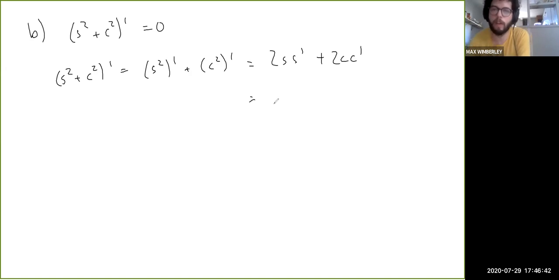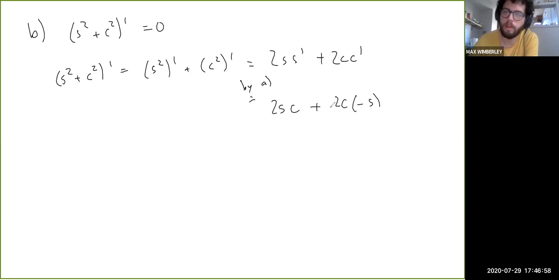And then by part A, s prime is c plus 2s, and c prime is negative s. So then these cancel out, which is 0, right?